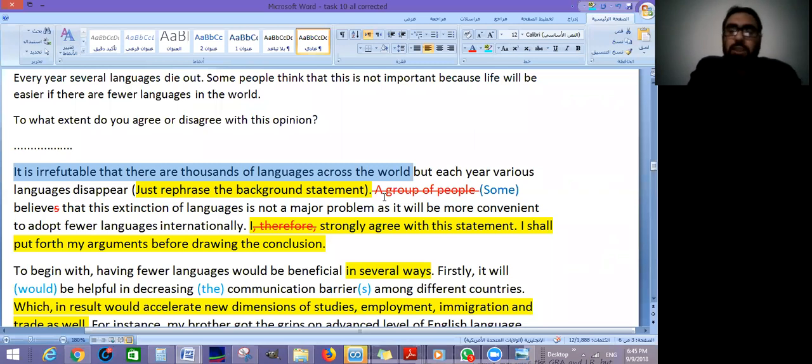Pick up phrases that are more commonly used by natives. So forget the group of people stuff, and I personally would avoid it. The statement says some believe that this extinction of languages is not a major problem, as it will be more convenient to adopt fewer languages internationally.